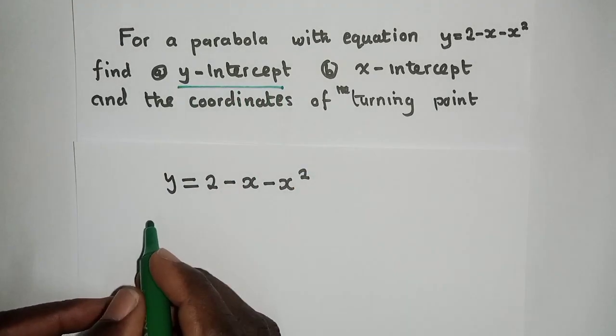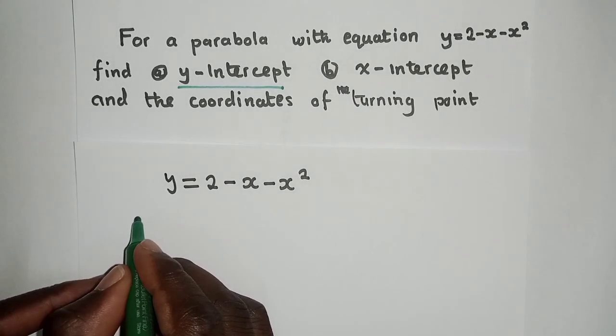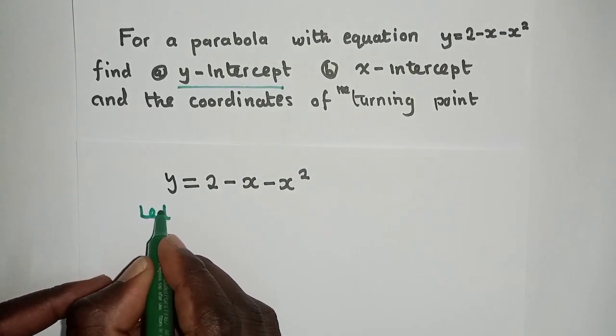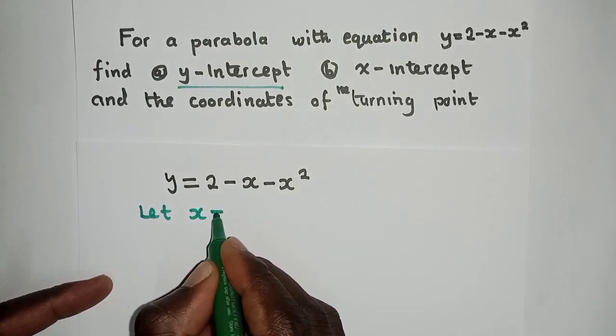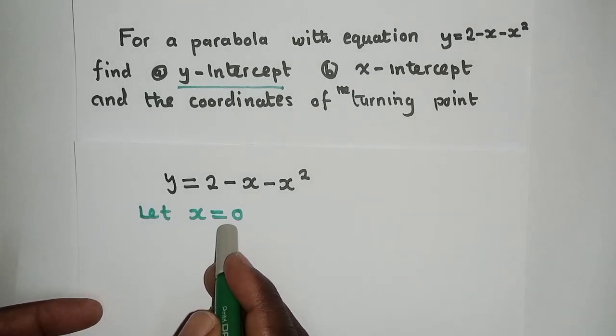So for the y-intercept, we'll simply say let x be equal to 0. This is the procedure. We want to know at which point this function is cutting the y-axis. So since it's the y-axis that we want to find where it's cutting, we will say x is equal to 0.